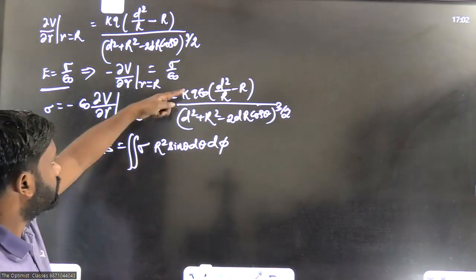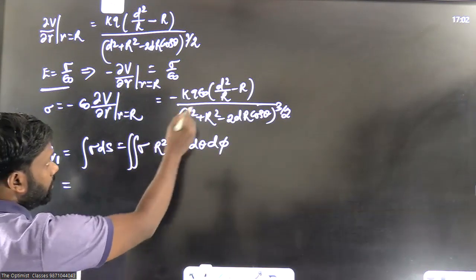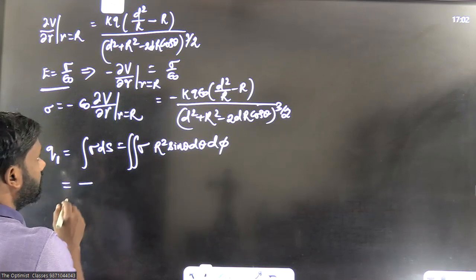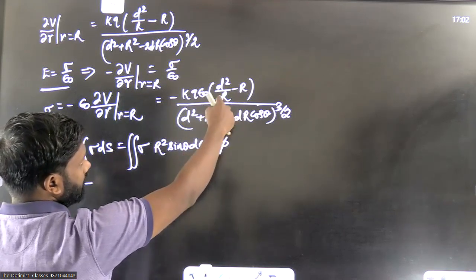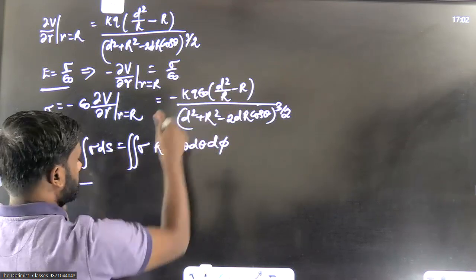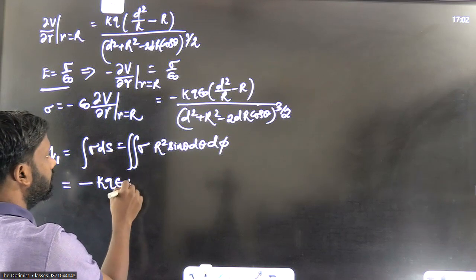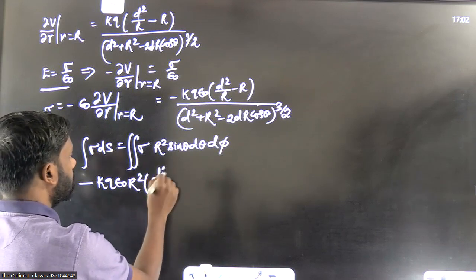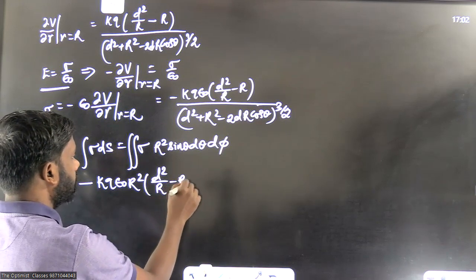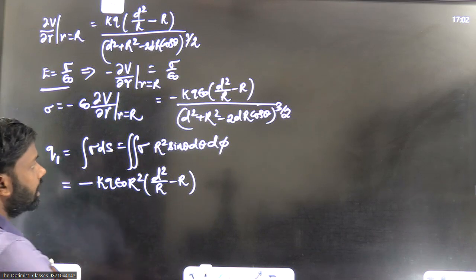All right, so we'll put this sigma here. The constant terms we will take outside. See, there is R square, so when you multiply by R square, we can write it like this: KQ over epsilon naught, R square, and there is the term (D square by R minus R). These things will come outside.